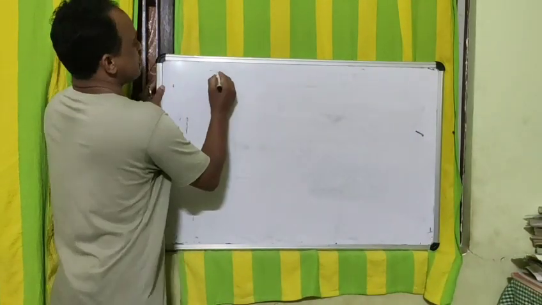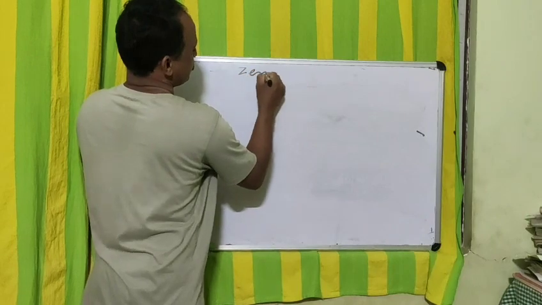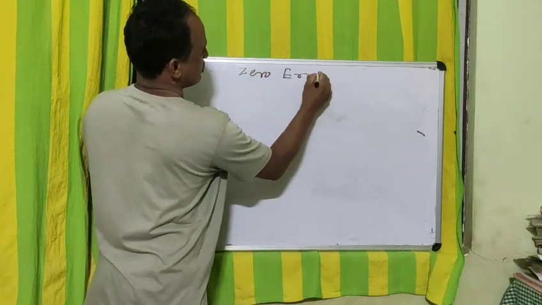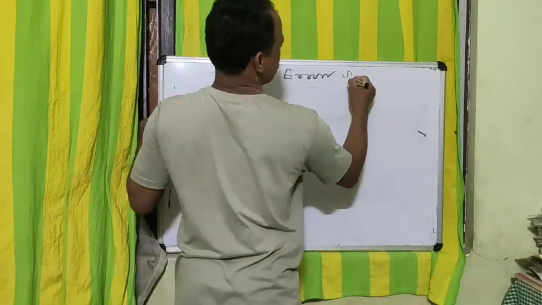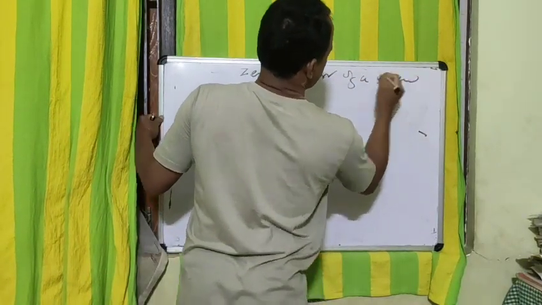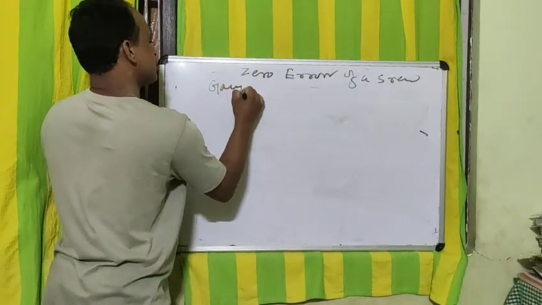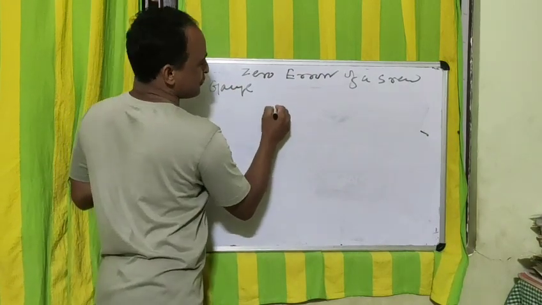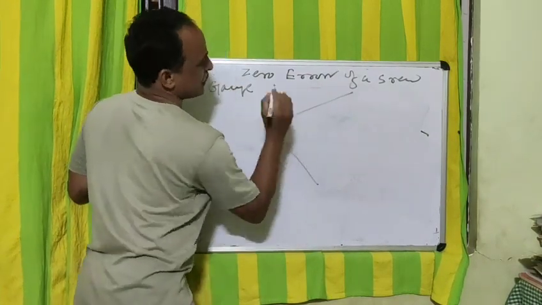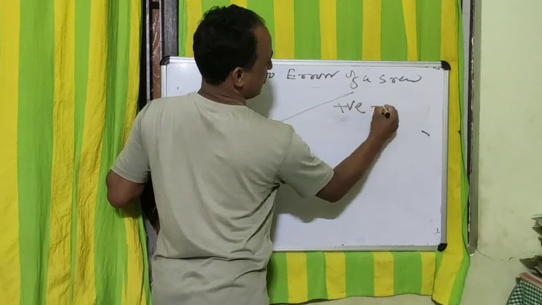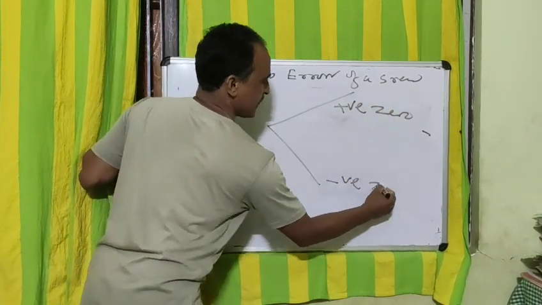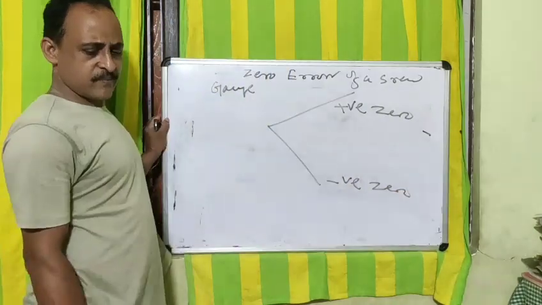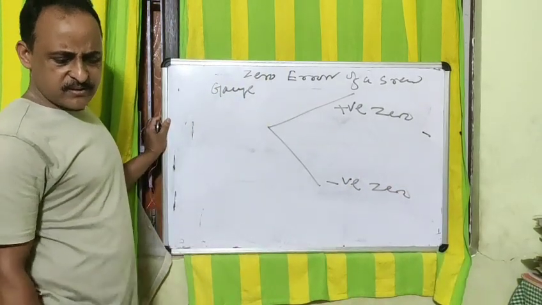Now we consider the zero error of a screw gauge. There are two types of zero error: positive zero error and negative zero error. What is zero error?